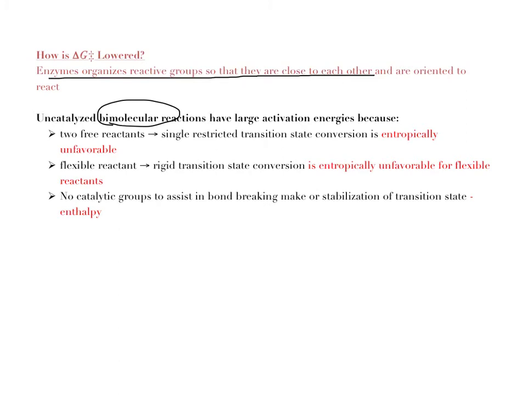And when they react, they have to come together in a fairly constrained and rigid orientation with respect to one another. And this is an unfavorable situation with respect to entropy. Not only that, but the enzyme provides catalytic groups that we'll see in the next lecture assist in the bond breaking or making and stabilization of the transition state.